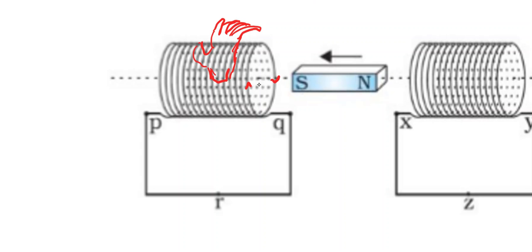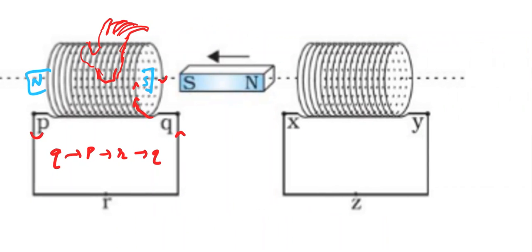Then you realize that only for this possible direction, current is coming and it enters the loop here and then it will leave. So Q to P to R to Q, that should be the current direction. And in this case, only for this possibility, south will be created here and north of the induced magnetic field will be on the other side.